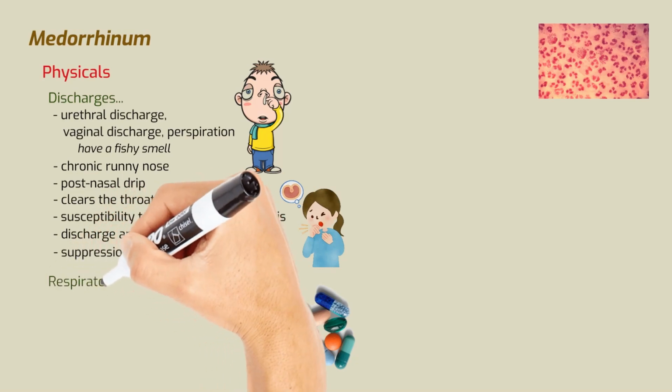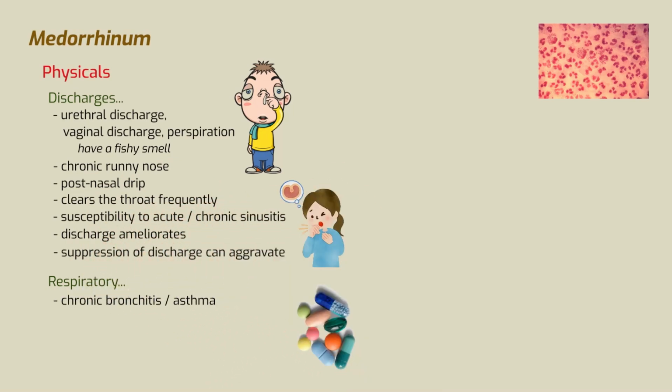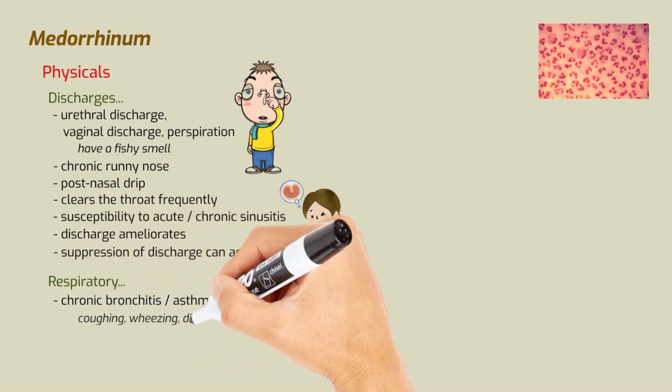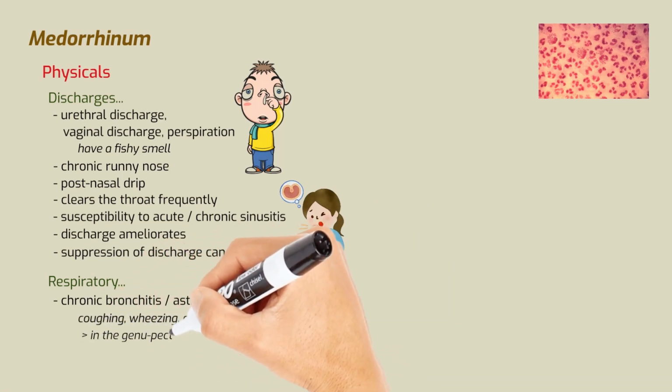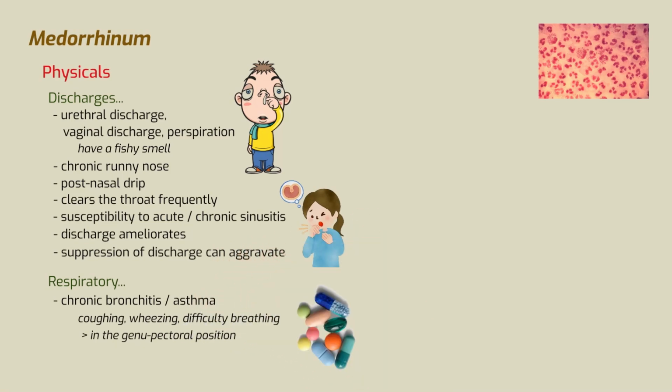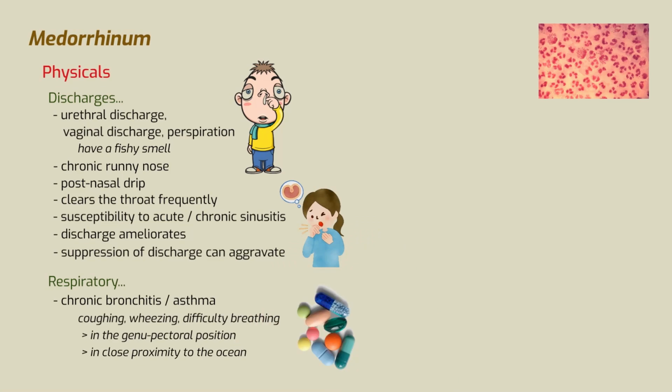Other Medorrhinum respiratory conditions include chronic bronchitis and asthma. The coughing, wheezing, or difficulty breathing associated with these conditions tends to be relieved by assuming the genupectoral position and by being in close proximity to the ocean.